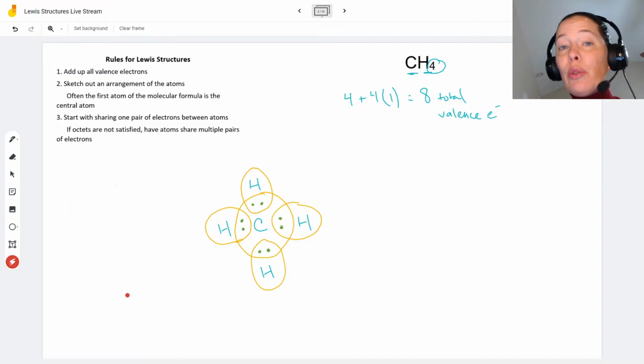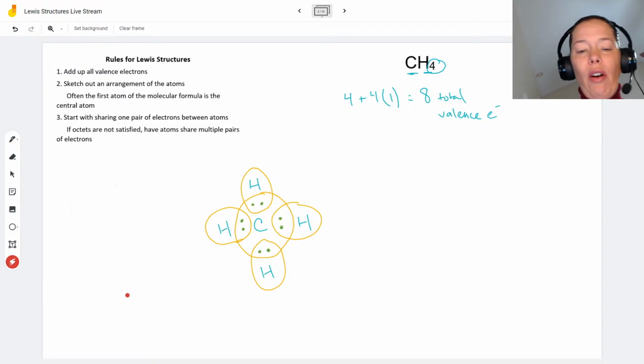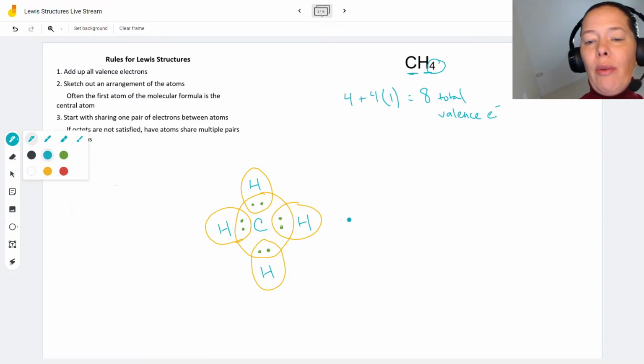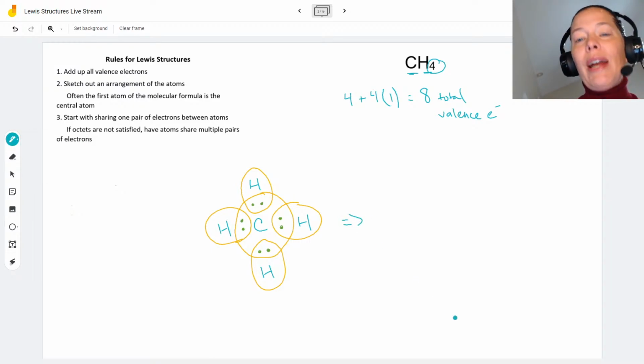This is a valid Lewis structure, and it is a Lewis structure with single bonds between the carbon and all the hydrogens. Now, one thing I will do is write this a different way that might be a little more clear. So instead of doing the electron dots, I'm going to draw bonds.